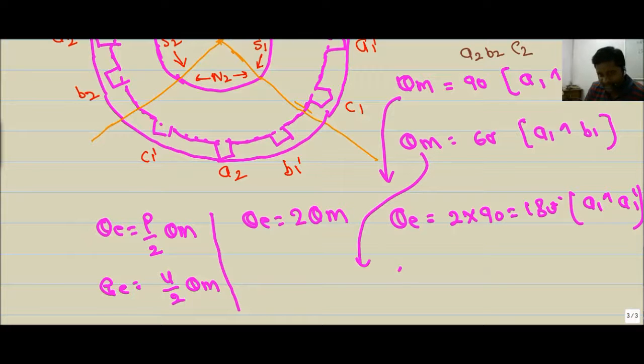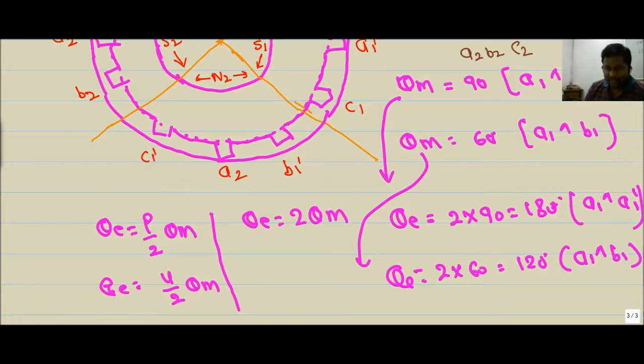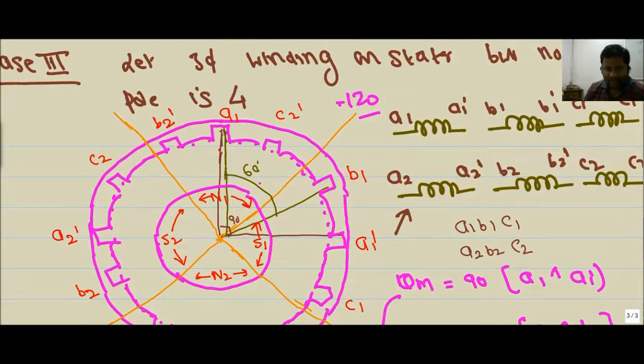Similarly, theta electrical equals 2 into 60, which is 120 degrees, between A1 and B1. So electrically the angle between A1 and B1 is 120 degrees, but mechanically, physically, it is 60 degrees. Likewise, the mechanical angle between A1 and A1 dash is 90 degrees, but the electrical angle is 180 degrees.